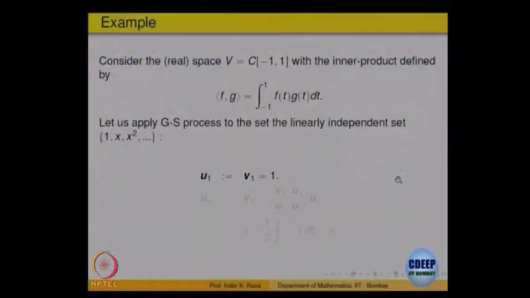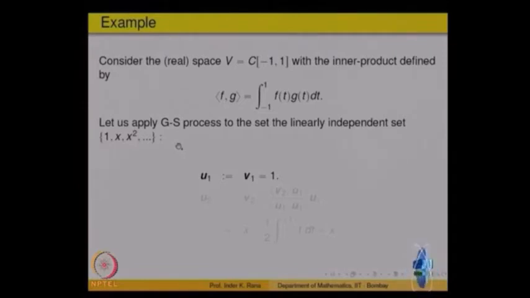Let us do one example, the same one we have been doing. Let us take C of minus 1 to 1. That is a vector space, and this is the inner product on it. And we had the linearly independent set 1, x, x square and so on. Remember, for any space of polynomials, 1, x, x square up to x to the power n is an independent set.